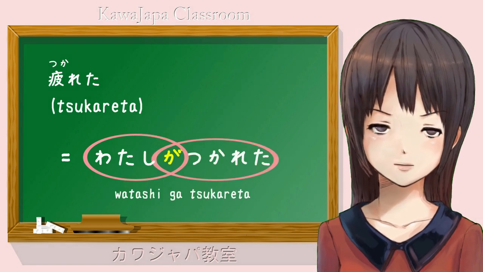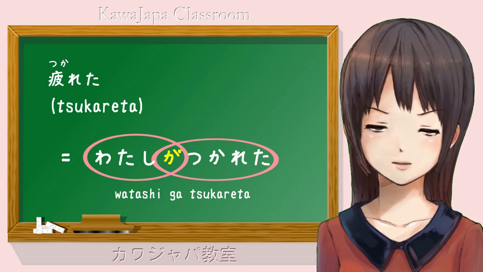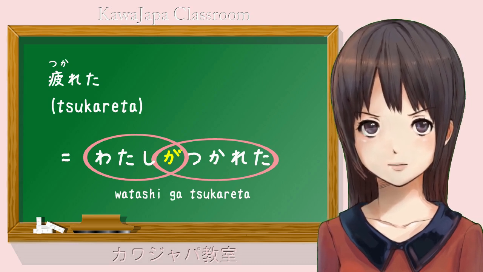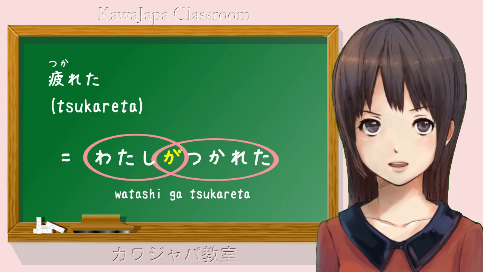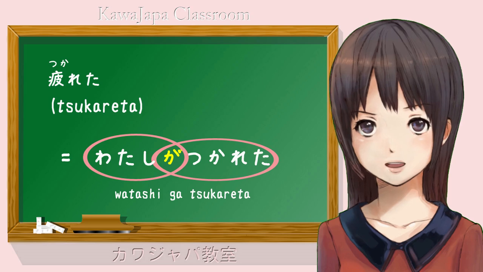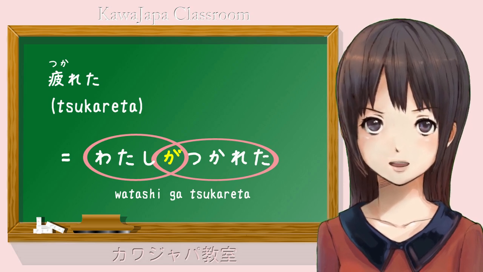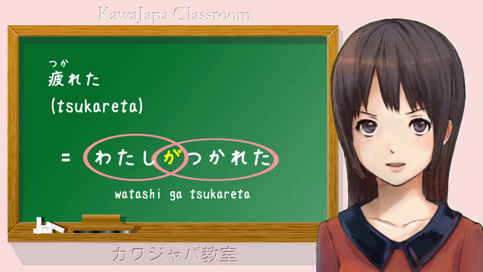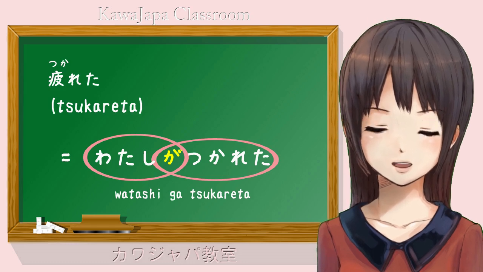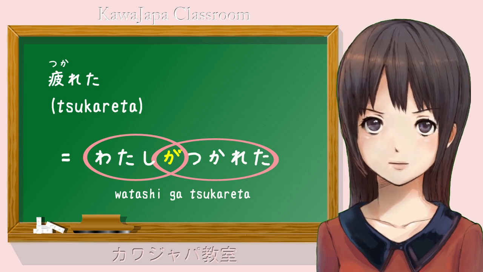I became tired. Became tired on its own does not mean anything, does it? It has to have a shugo, a subject. Tsukareta is the thing being done, becoming tired. The doer, the subject, the shugo, is, in this case, me, I, watashi.